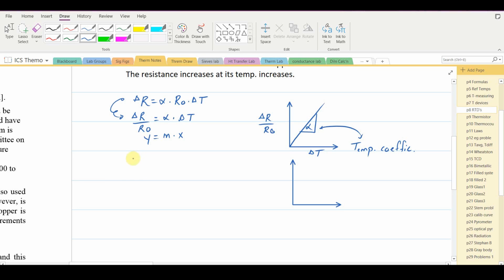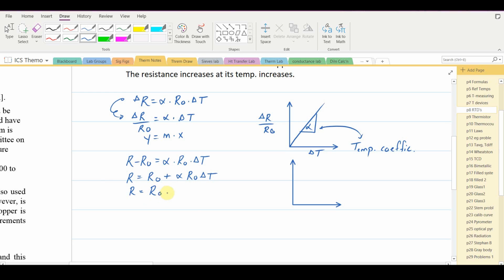Let's work with this a little bit further. I can write delta R as R minus R sub 0 equals alpha R sub 0 delta T. Let's transpose R sub 0. We'll say R is equal to R sub 0 plus alpha R sub 0 delta T. Let's factor out R sub 0.